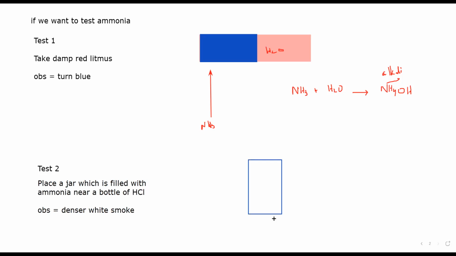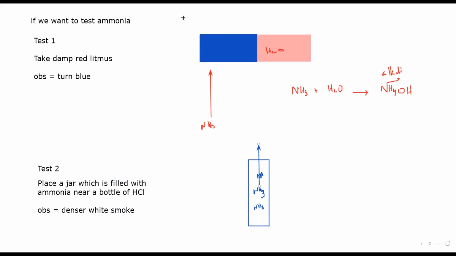For example, there's a gas jar which is filled with ammonia. As ammonia is lighter than air, it will rise up in the gas jar.